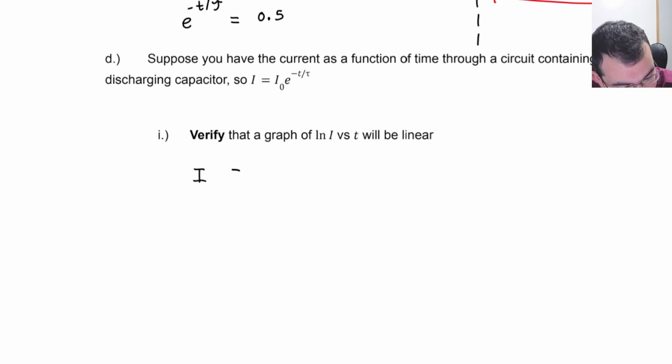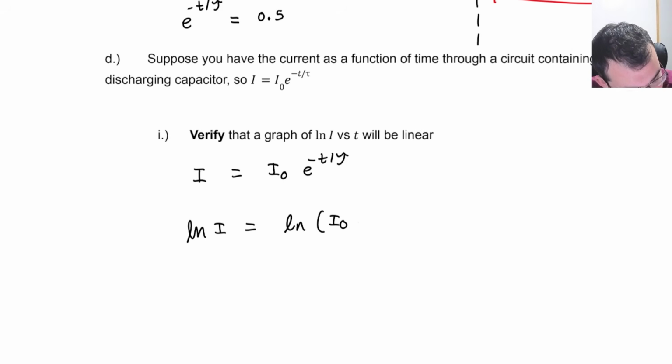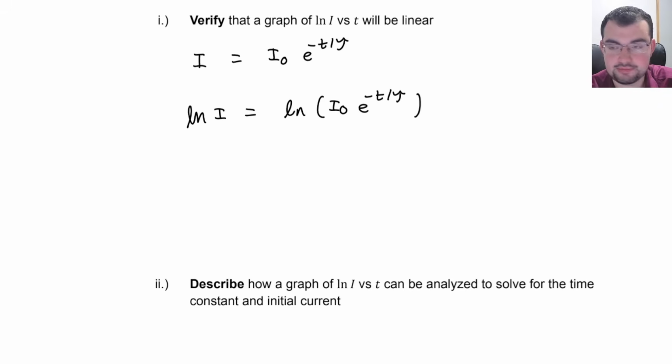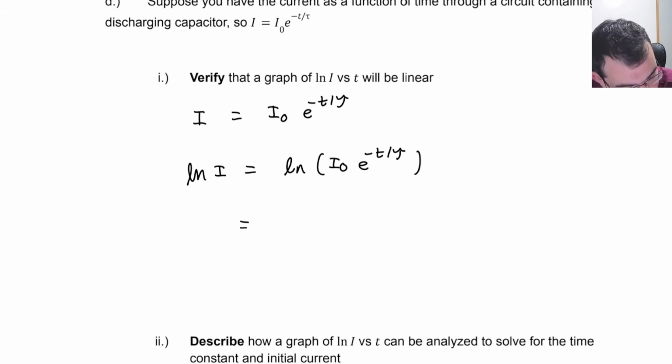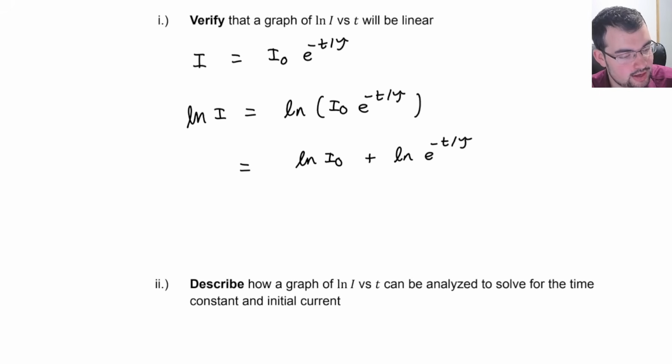So if we have I is equal to I0 e to the negative t over tau, since the exponent is what's messing us up here for our procedure, we need to ln both sides to get everybody out of the box. So we can break the log by the log product rule. And now you can only cancel log and e if they touch. So now you can cancel that.